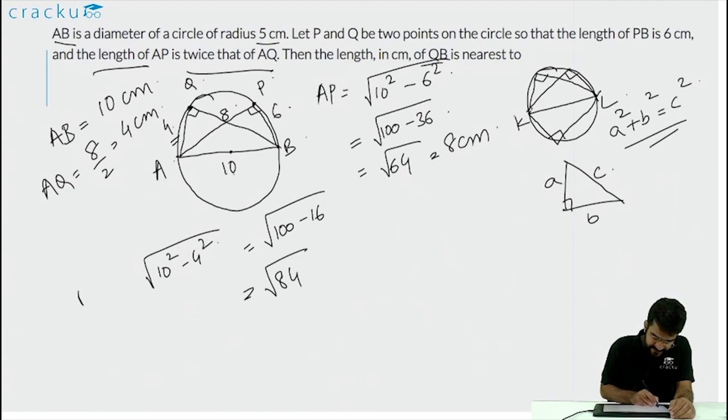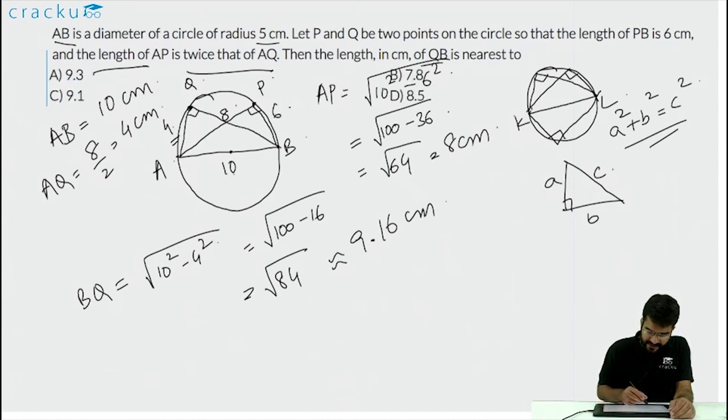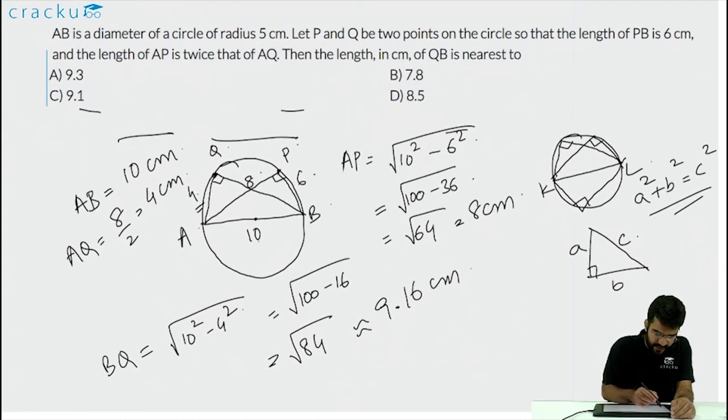This is the length of BQ. You can use a calculator to find out that this is something like 9.16 centimeters. Amongst the options that are given, the only option which is closest to it is 9.1. So the answer in this case is 9.1 centimeters.